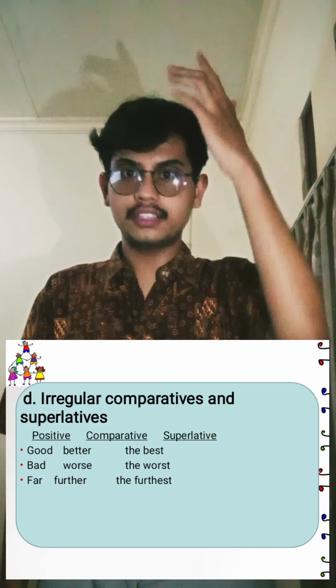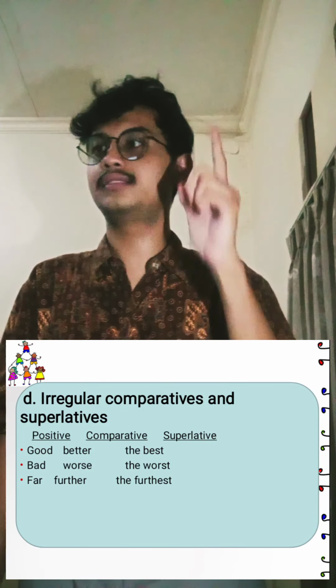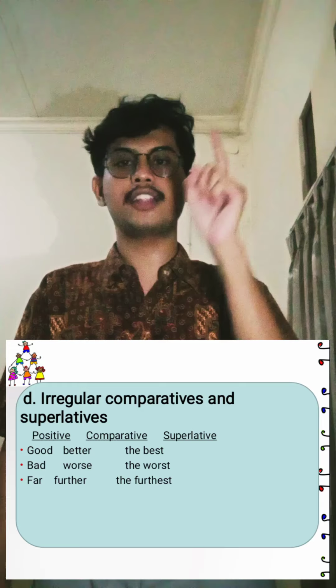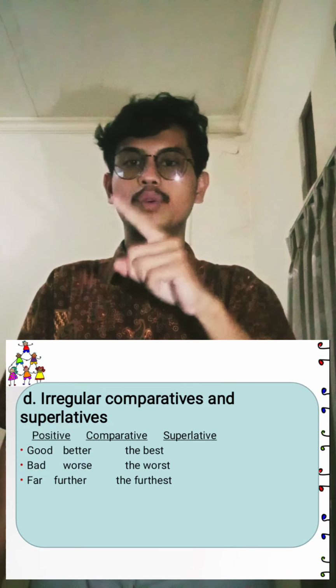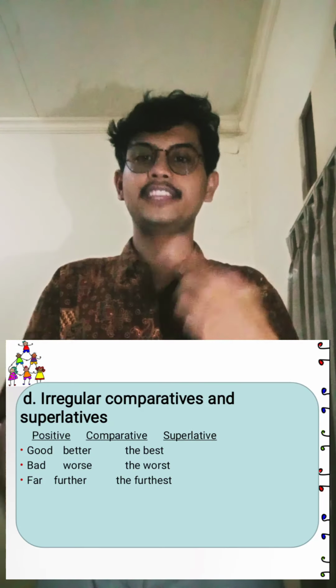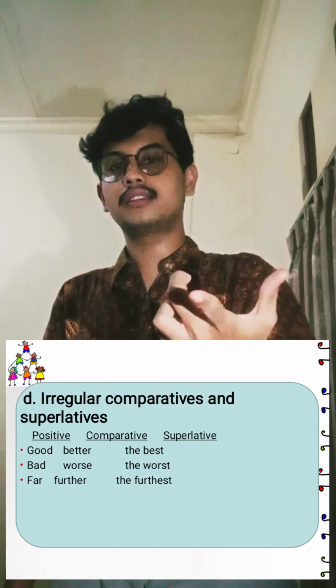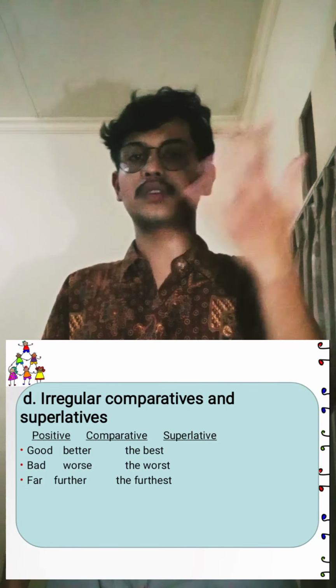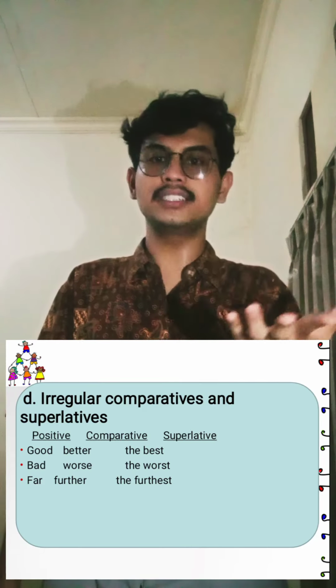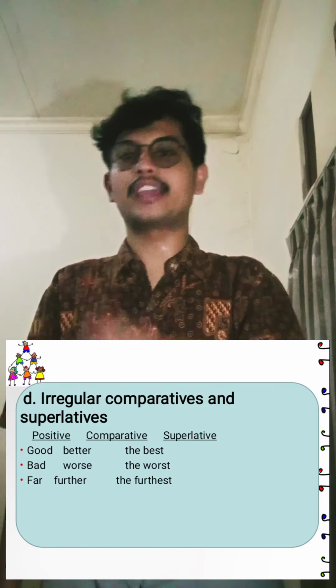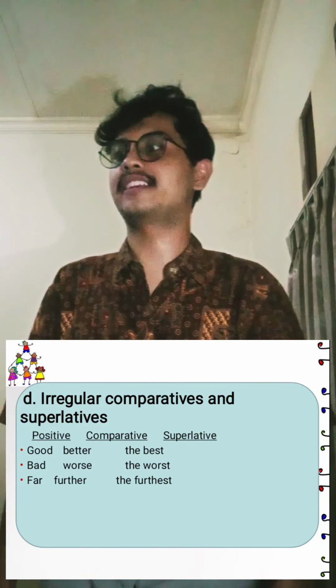Okay. Next slide, please. Okay, in here we can see on the slides the irregular comparative and superlative. So, who wants to give an opinion before I give the material? So, anybody already know about this? Okay, I will explain it.